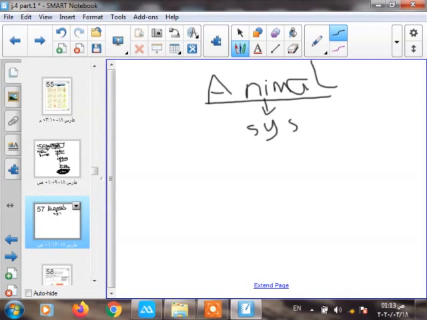Can you tell me examples of the systems we have in the animal or human body? Yes, respiratory system, digestive system, urinary system, excretory system, nervous system, circulatory system, and so on. Each system is made up of a group of organs.